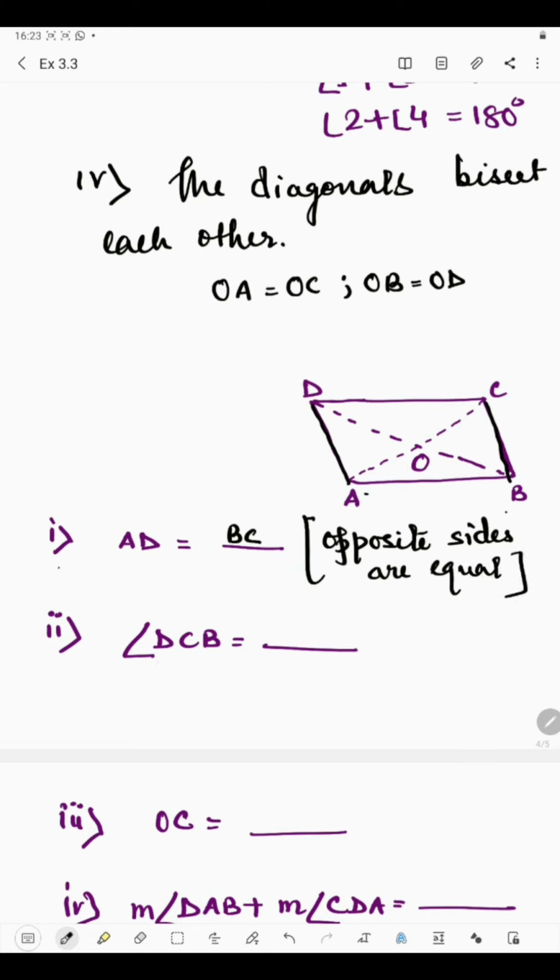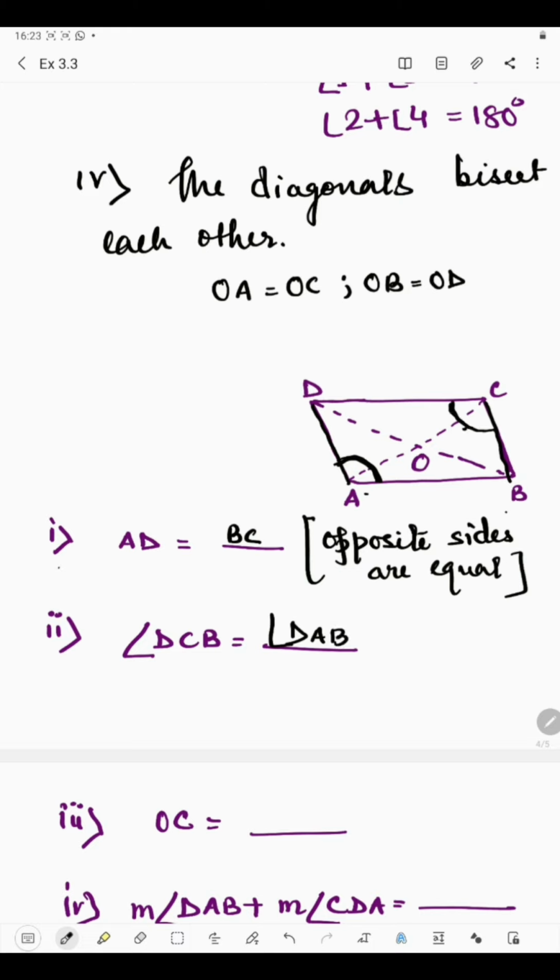Now coming to part B. In part B we have angle DCB equal to dash. Now DCB means this angle. So this angle will be equal to this angle. Which angle is it? DAB, right? Why is it so? Because in a parallelogram opposite angles are equal.